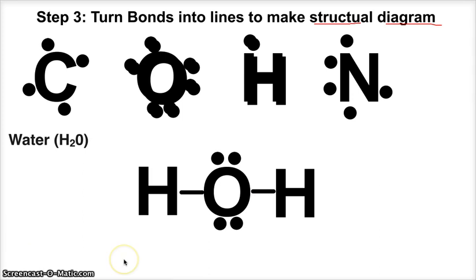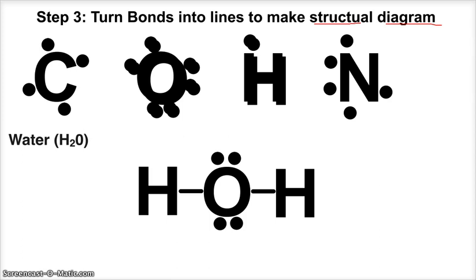Now we want to check our work. Hydrogen is the only element, along with helium, that's happy to have 2. So hydrogen has 2 because each line counts as 2. Hydrogen over here has 2. Oxygen has 1, 2, 3, 4, 5, 6, 7, and 8. So everybody is happy now.